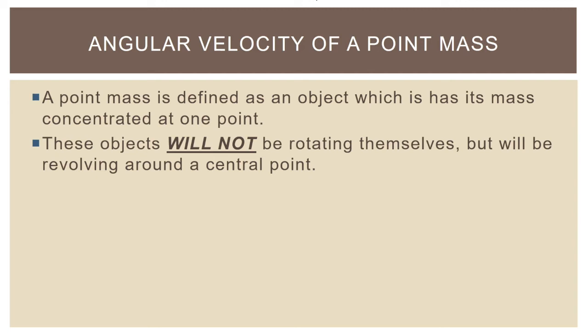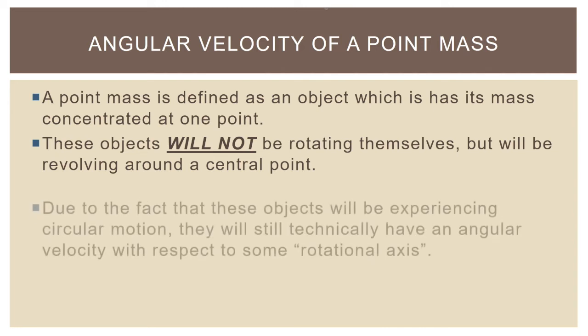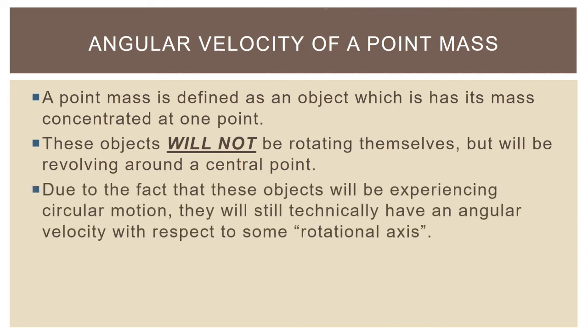That's kind of weird, because when we're talking about angular velocity, usually we're talking about an object that's physically rotating. It's turning. That's not necessarily the case. These objects will be revolving around a central point, or in other words, they'll be experiencing circular motion. However, due to the fact that these objects will be experiencing circular motion, they'll technically have an angular velocity with respect to some rotational axis.